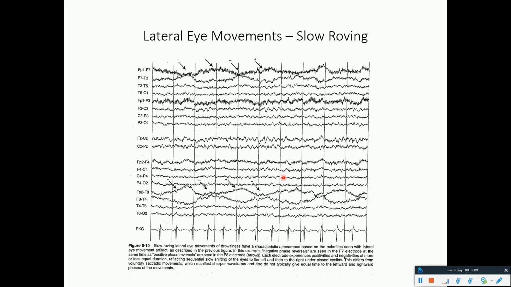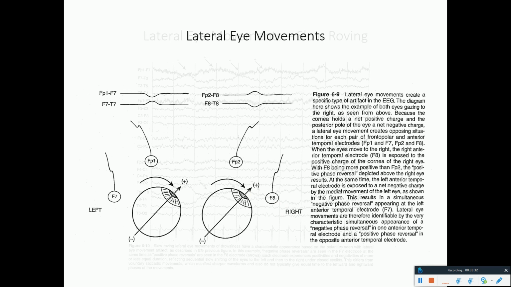There's a third type of eye movement, which is slow roving. This is when you follow a moving object with your eyes, and you can also see that. This I think happens mostly when people take a break and look around a little bit, so in general, it's not the biggest problem.